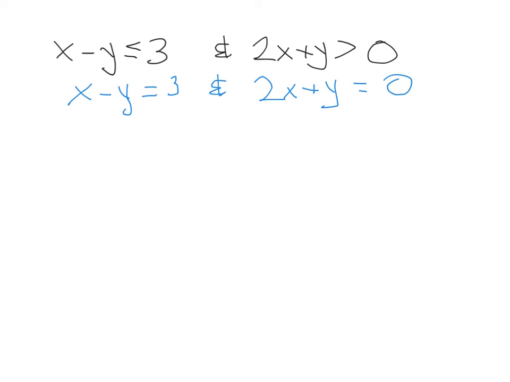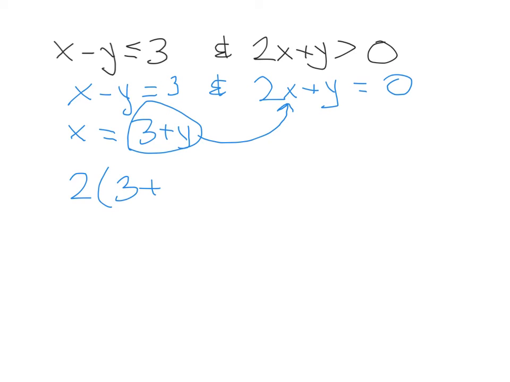Let's use the substitution method. So we'll solve for one variable in one of the equations. Then we'll take that and sub it into the x place in the second equation. So we're putting in our x value from one equation to the other.